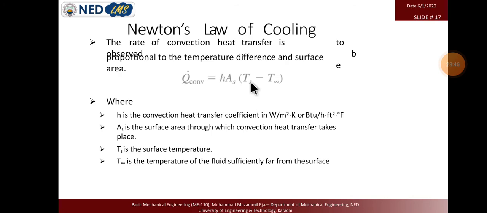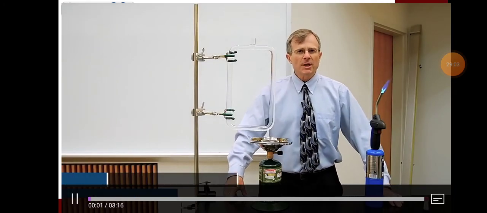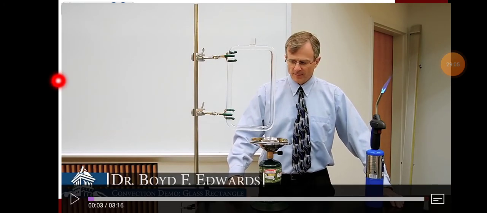Ts is the temperature of a solid object or a heated object, and T infinity is the temperature of the surrounding area. Now you can ask at which point we take the temperature. Like for example, this is a demonstration of convection.